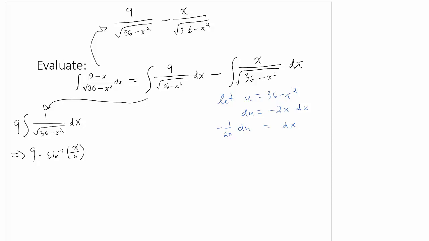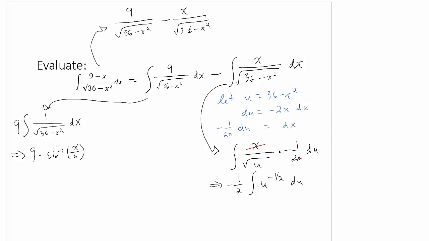And so then this integral becomes the integral of x over the square root of u times negative 1 over 2x du. The x's reduce out, and I can bring that negative 1/2 in front of the integral. So I'd have negative 1/2 integral 1 over the square root of u. Remember, that's the same as u to the negative 1/2 du, and this is an easy integral.